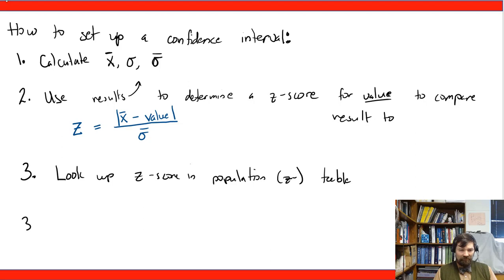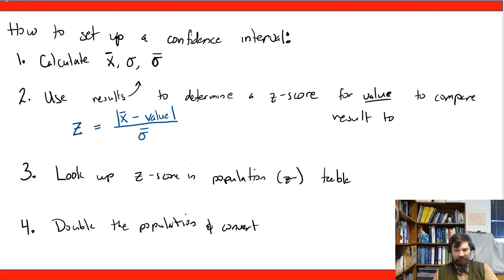Okay, and then step 4, and I'll show you that table momentarily. Step 4, double the population and convert to percent. This is your confidence interval.